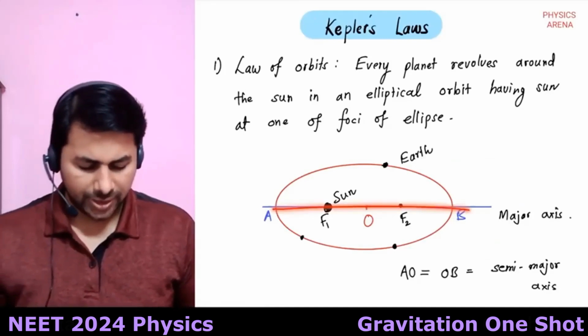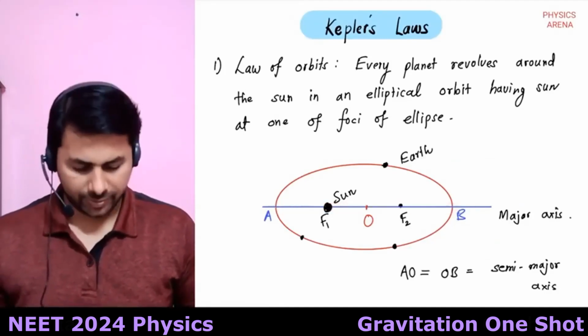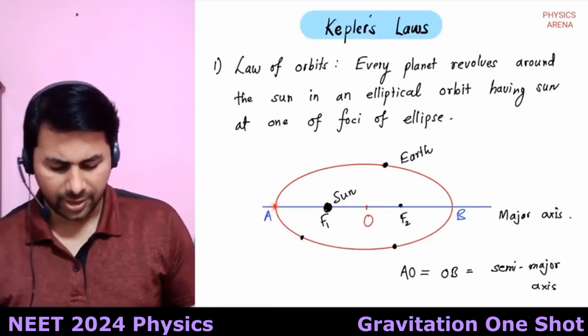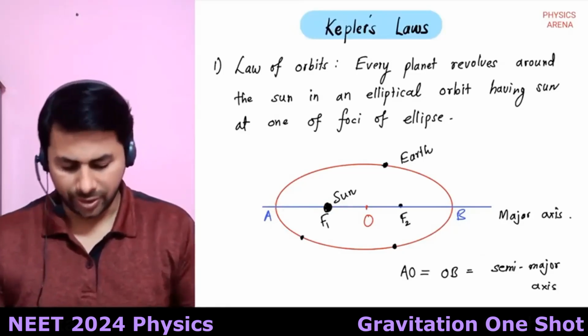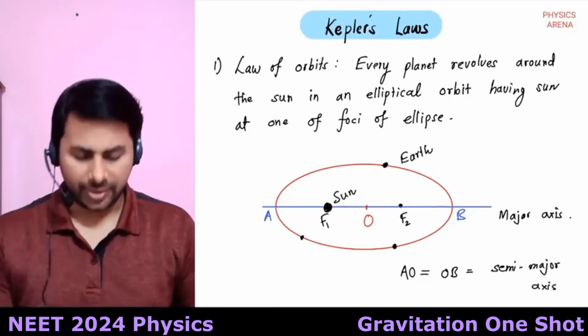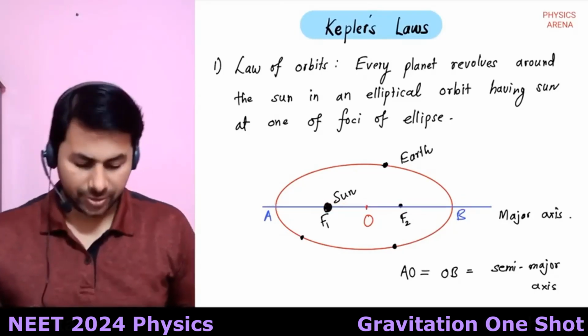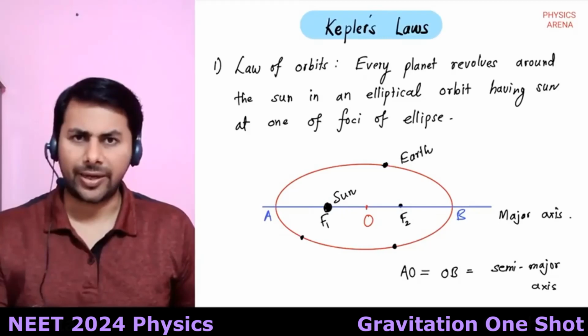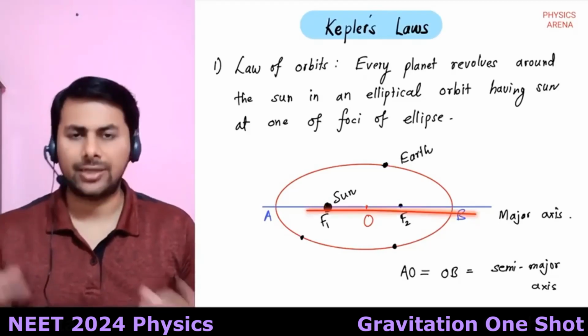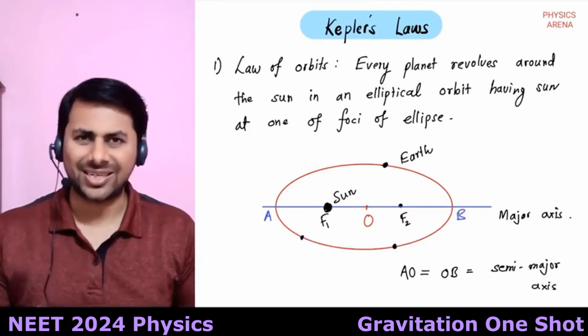If you consider the farthest position of a planet and the shortest position, then shortest is A, farthest is B. If you join those two positions, you will get a line passing through both foci of the ellipse. It is known as the major axis.